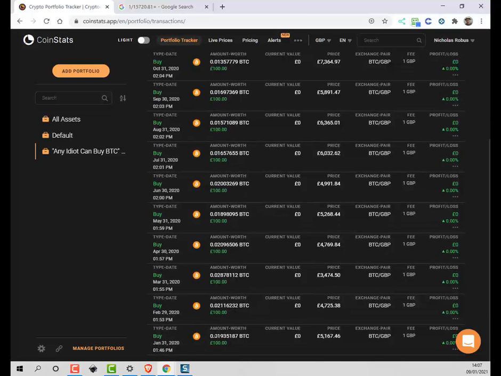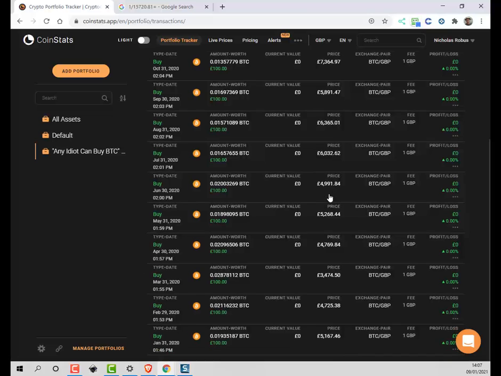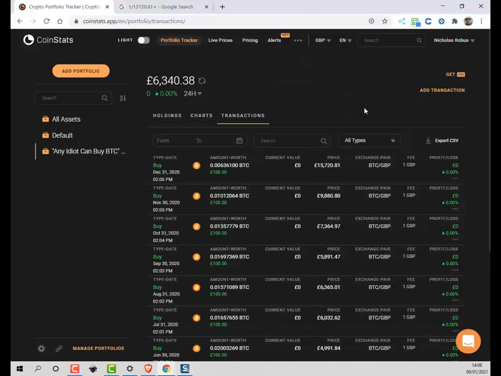When we started buying back in January, we could buy 0.01935 Bitcoin for £100. But then in December of last year, the same £100 was only buying us 0.0063 Bitcoin.